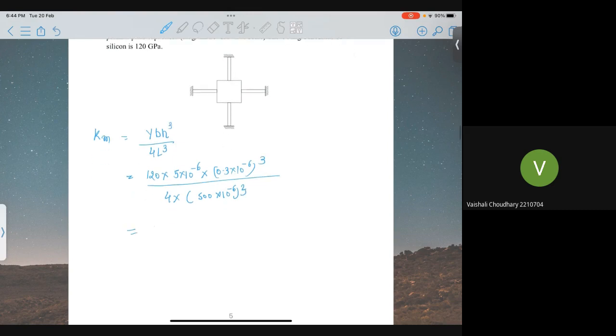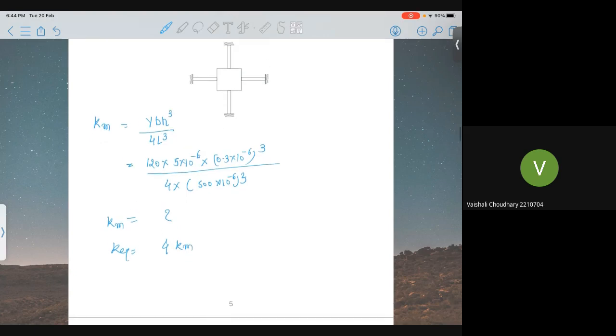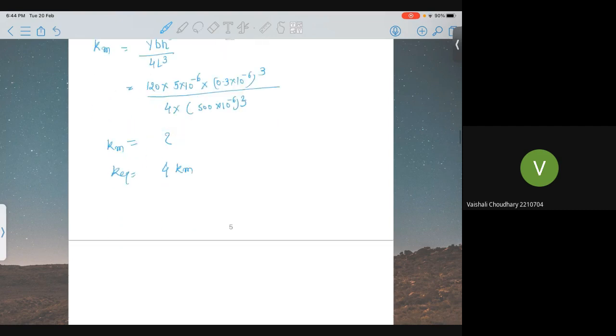If you solve this, you will get some value, and the equivalent is 4 times Km. So this is how you can calculate the value of Km.